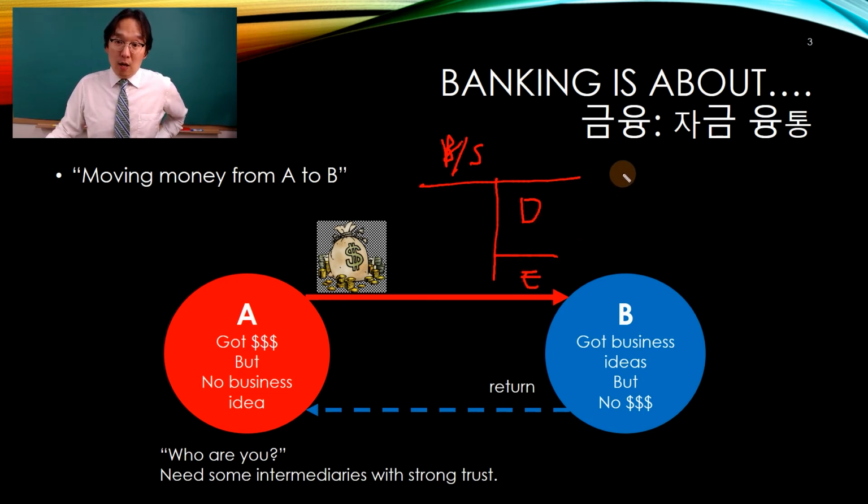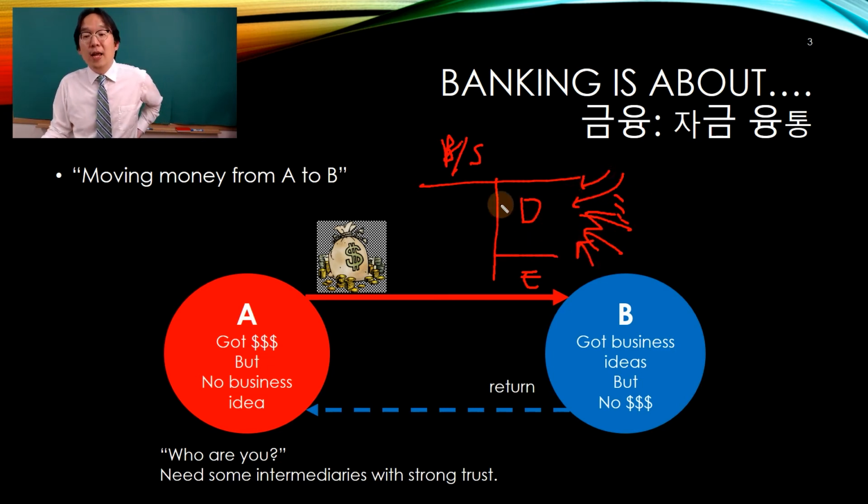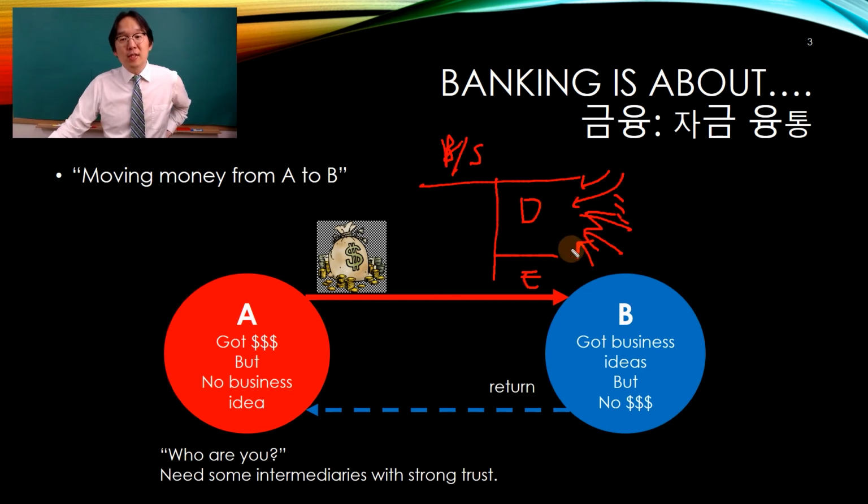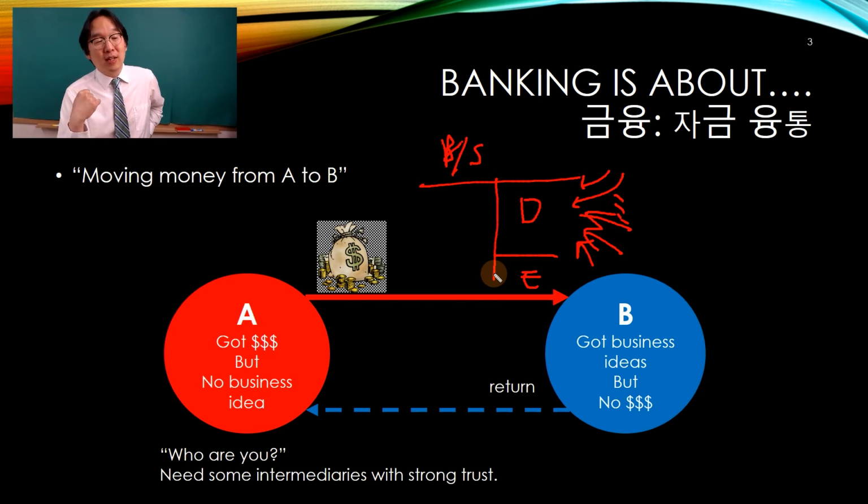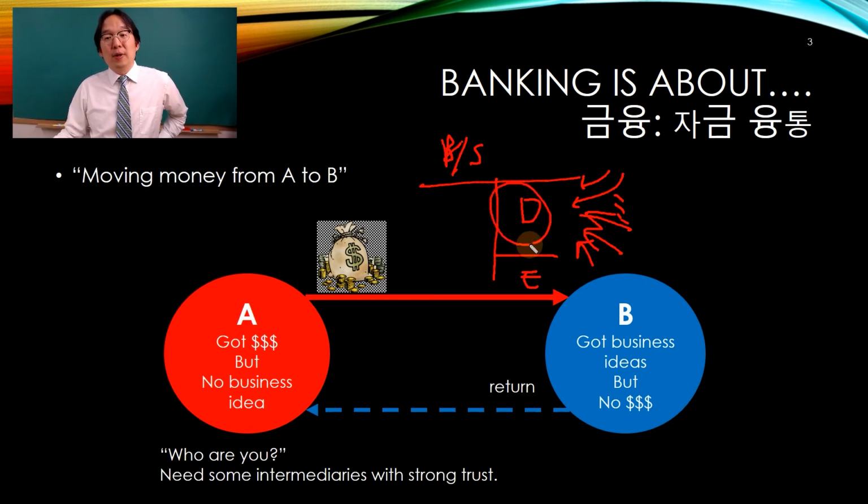Like so many of you and me, we deposit. That's their liability. And we can withdraw this money, not all, but our deposit, at a random time. This is a liability, but its maturity is at a random time.